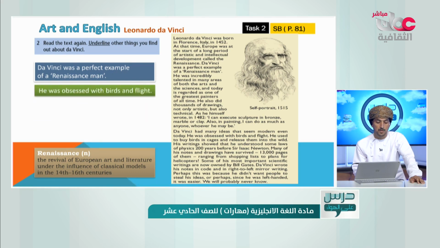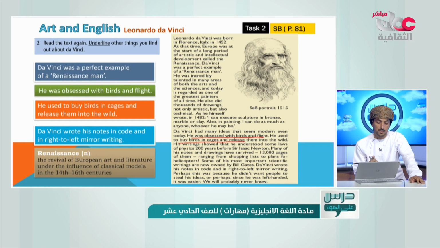He was obsessed with birds. We can find here he was obsessed with birds and flight. He used to buy birds in cages and release them. Okay. And finally, Da Vinci wrote his notes in code and in right to left mirror writing. You will find here at the bottom.